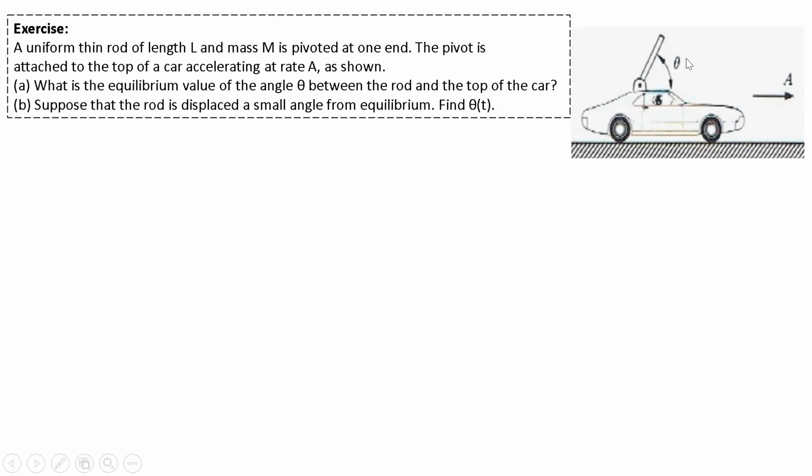So this rod is free to rotate like this. The length of this rod, let me call this h instead of L, so as not to confuse it with the Lagrangian. So the length of this rod is h.